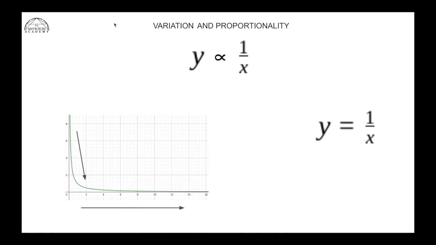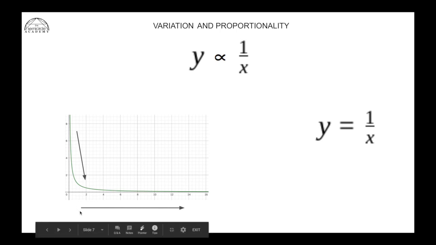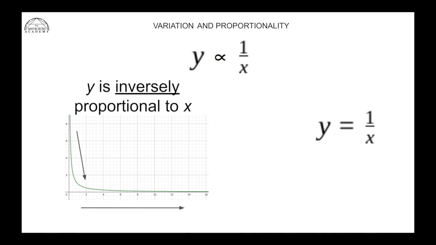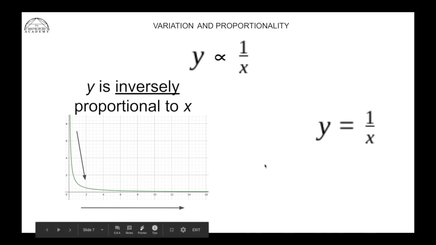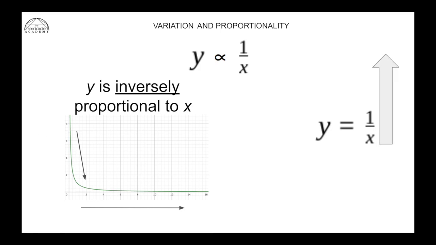So we could say here that y is proportional to 1 over x, right? However, when x gets larger, y gets smaller. So therefore, we call it inversely proportional, right?